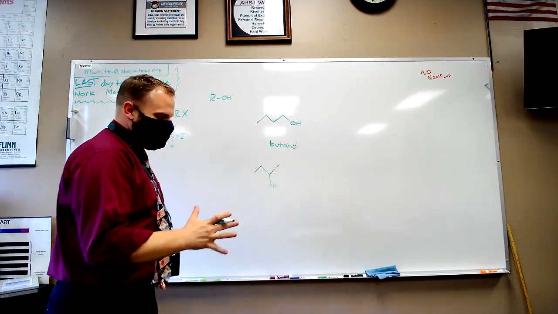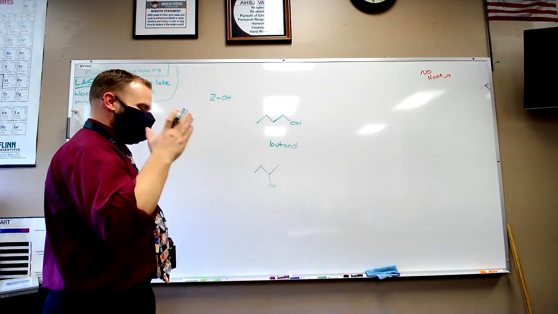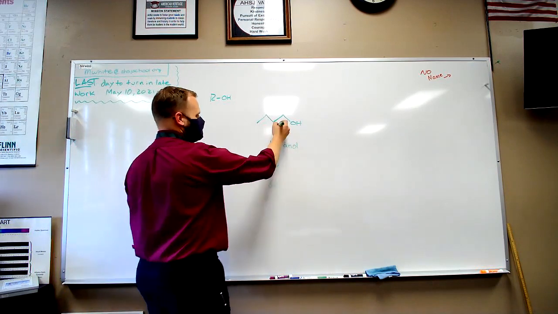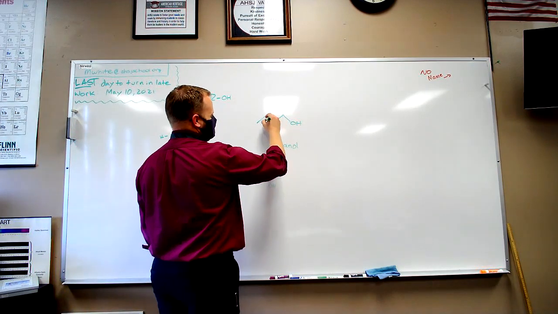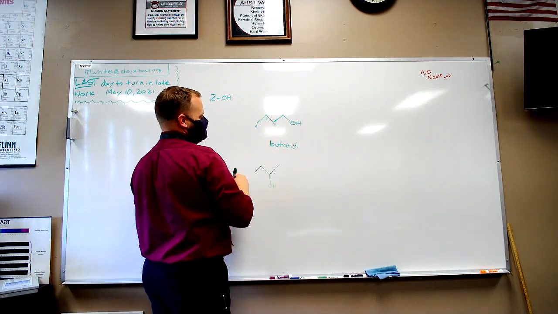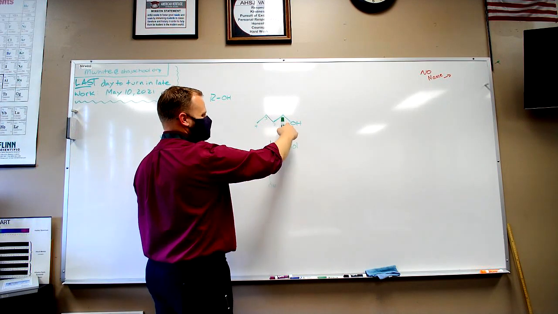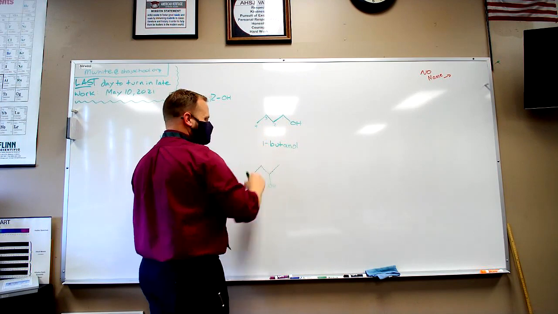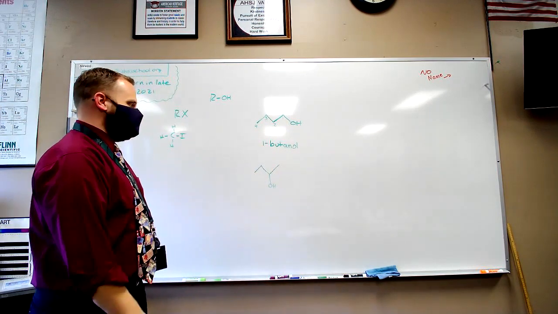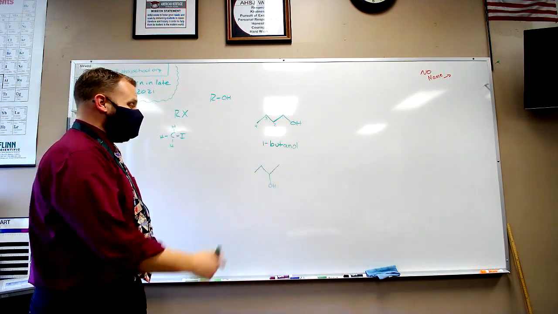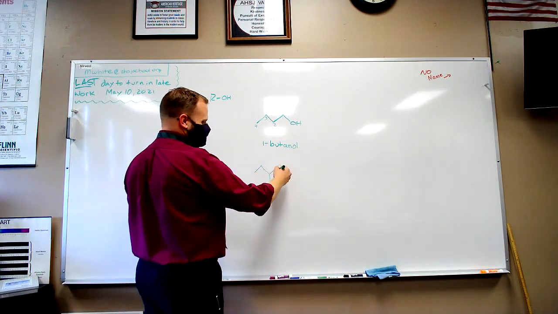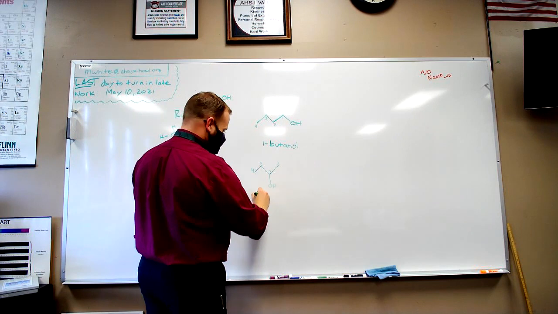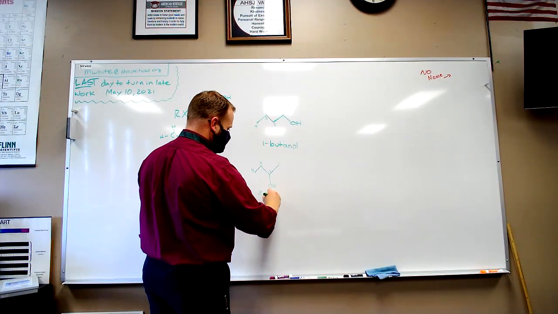And just like always, we want to make the numbers as low as possible. So in this example, we number 1, 2, 3, 4. And that OH is attached to carbon number 1. So it's 1-butanol. This, we'd actually number from the same side. But this becomes 2-butanol.